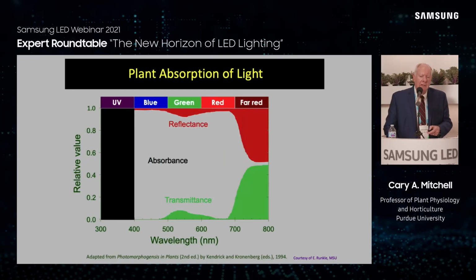Okay, and finally on this basic thing, the relative absorbance, transmittance, and reflectance of the various bands of light. The blue from 400 to 500, it's mostly absorbed. So coming through a multi-layer plant, the first layer is going to get most of the blue. Just a tiny bit is reflected. For the green, between 500 and 600, a little bit of transmittance, a little more reflectance, but still pretty good absorbance.